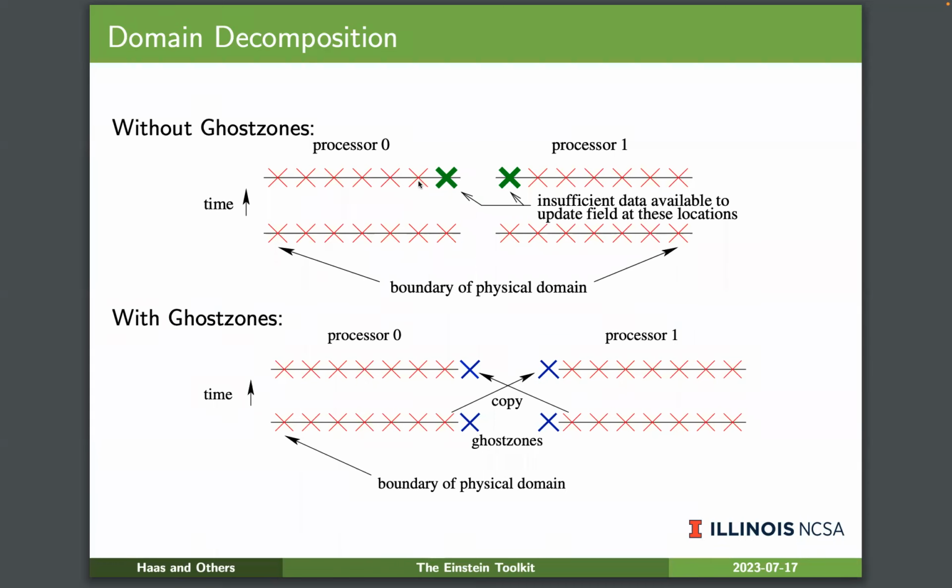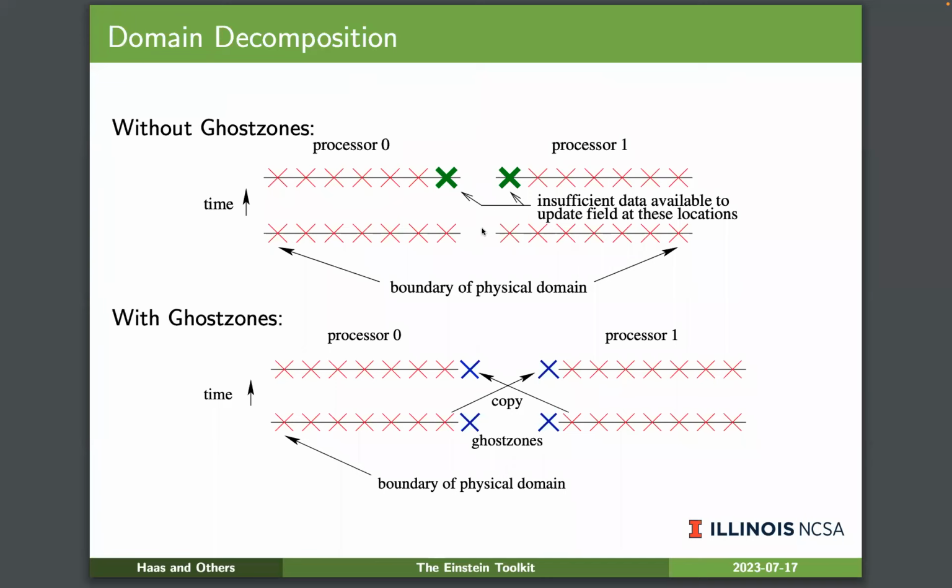With that derivative, I can update the value of the point up here. So far, so good. The problem is then, for example, this green cross here, where if I go down, I don't have a point to the left that I could use to take derivatives of, so I don't know how to update that point. So that would stop my attempt to run on multiple processors right here, because I couldn't update that point.